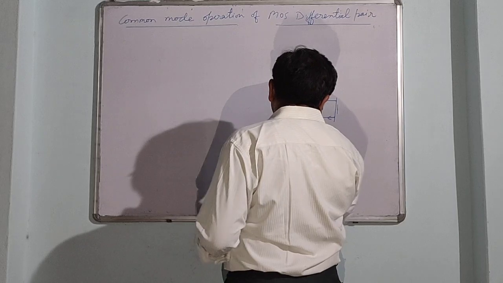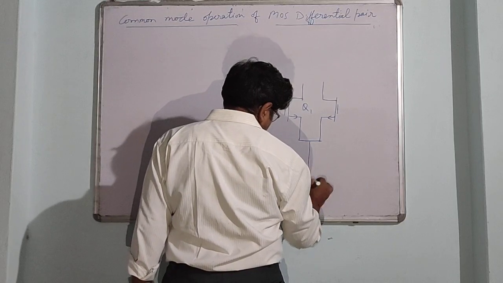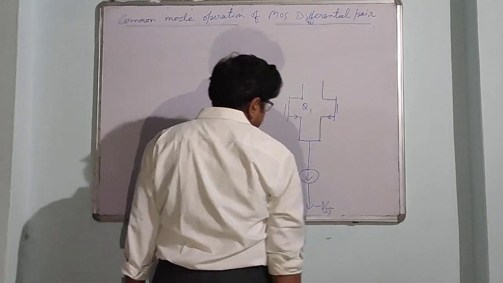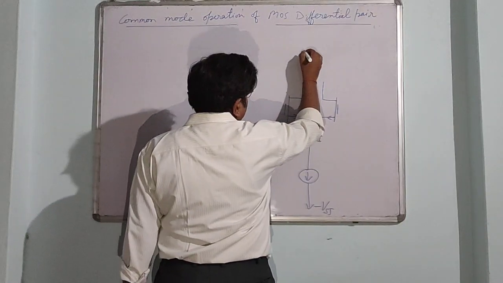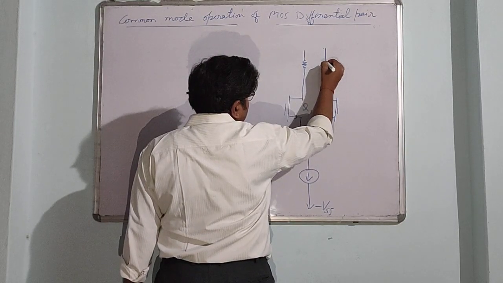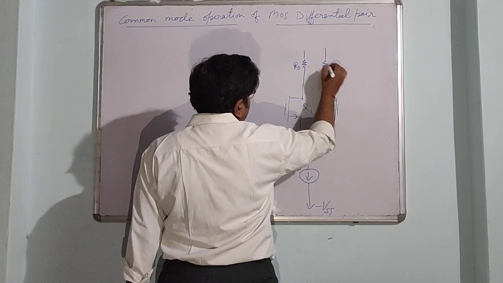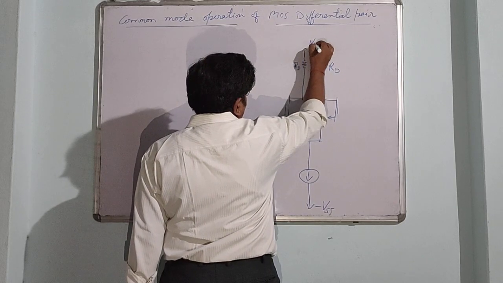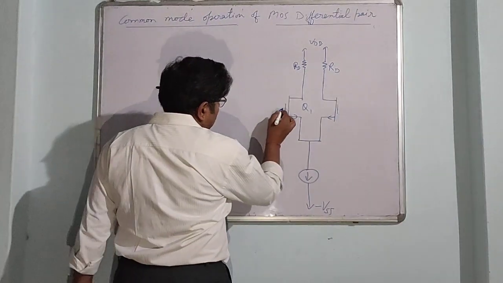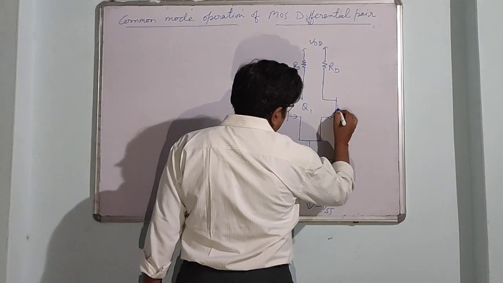The source is common, and here we have a constant current source supply I. At the drains we have two similar resistances, RD, and the supply VDD. In common mode, these two gates are common. So this is the circuit.